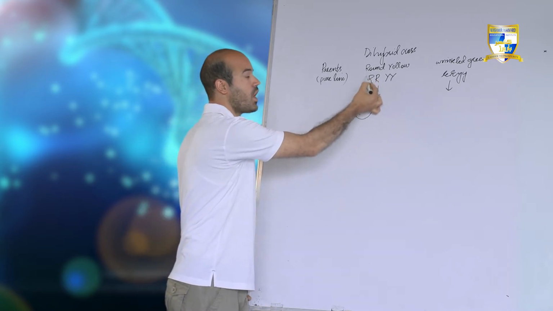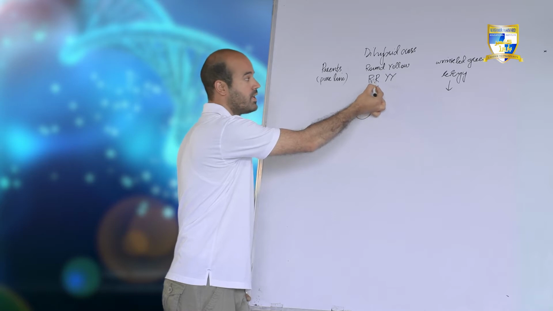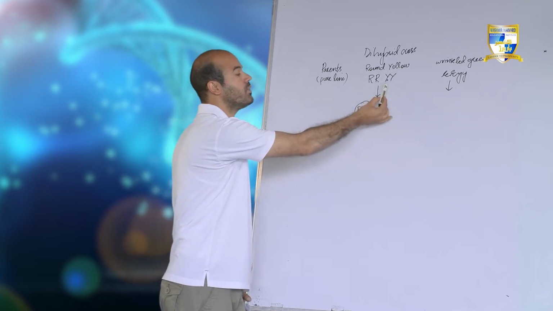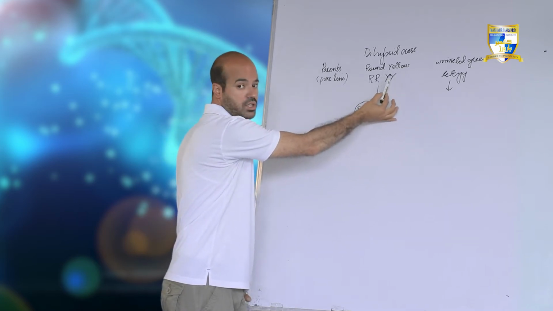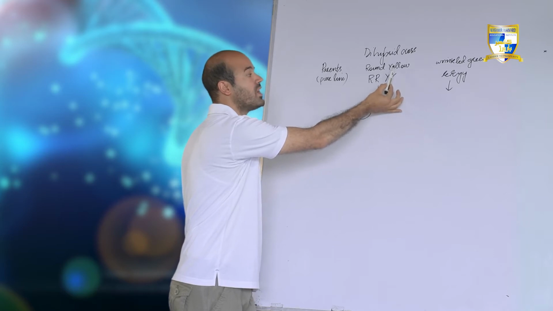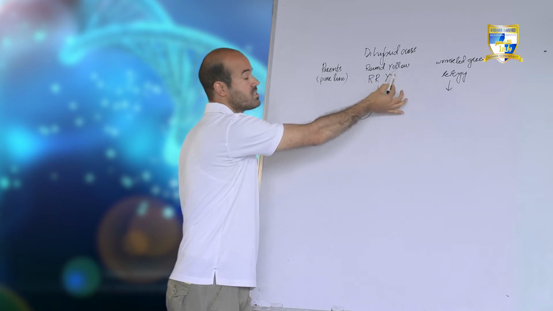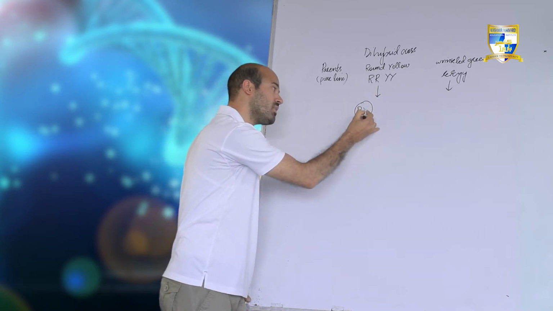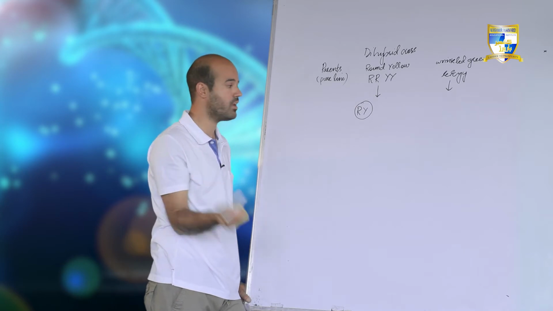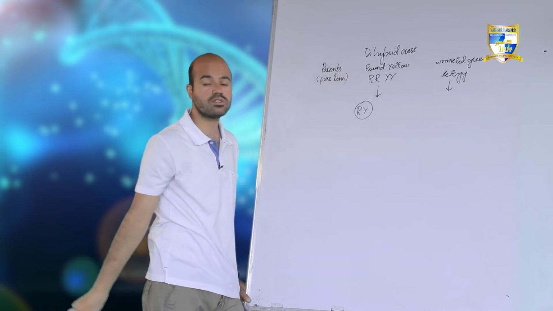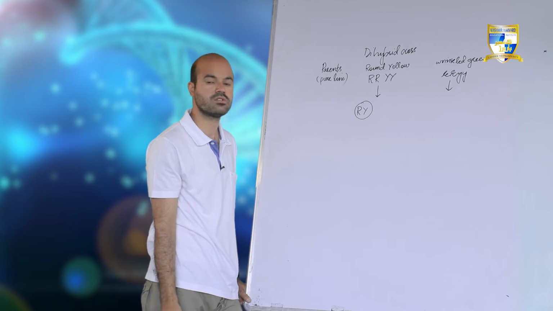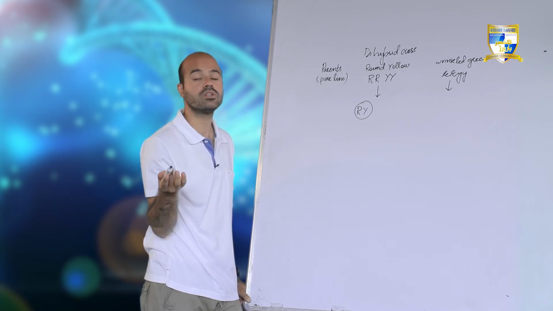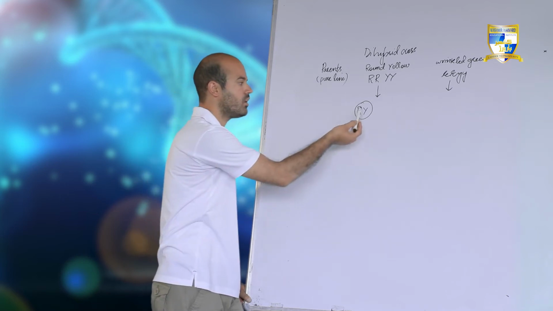One character is shape of seed, which is round, and its one allele, R, will get into one gamete. Then an allele for the other character, color of seed, that is yellow, will go into the same gamete, like this: RY. R is the allele for shape of seed, round, and Y is the allele for color of seed, yellow.